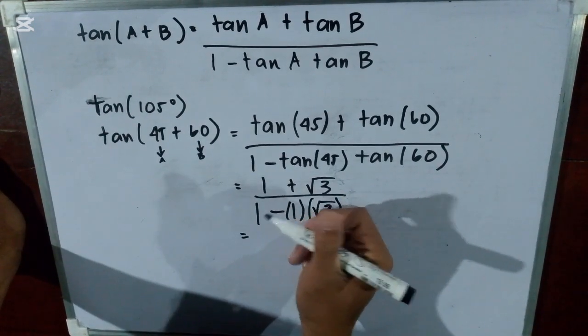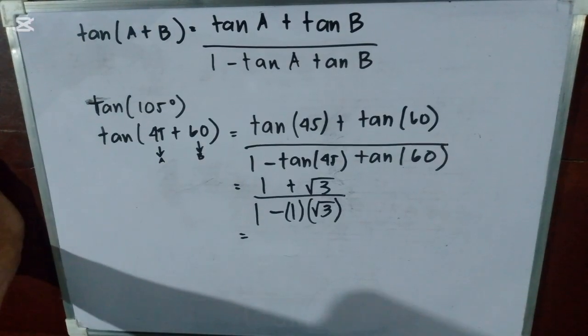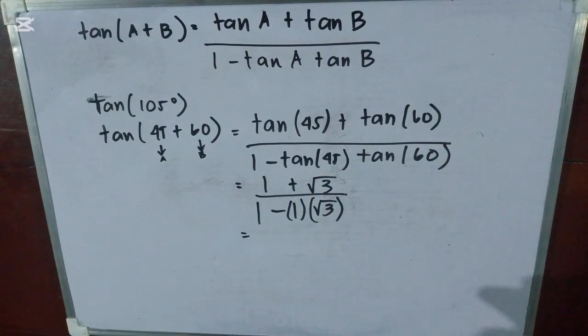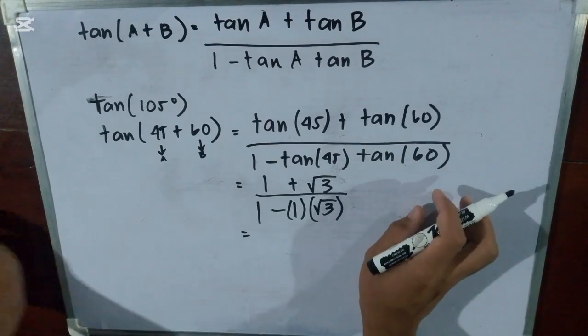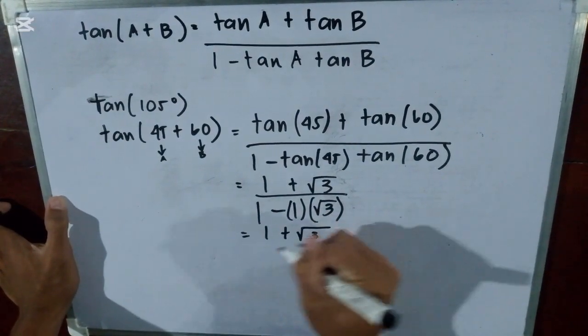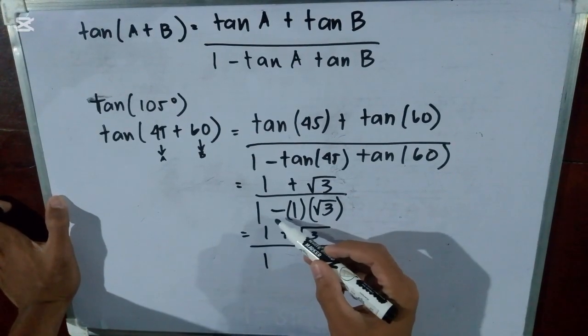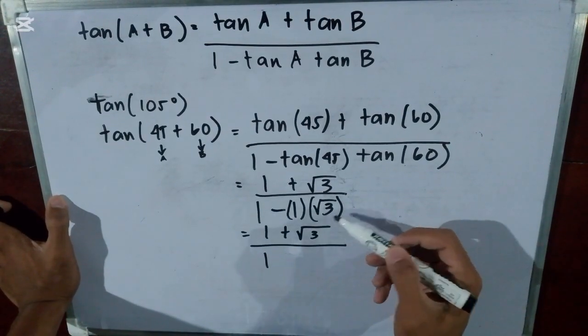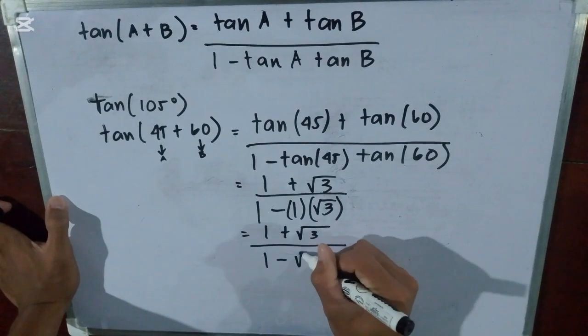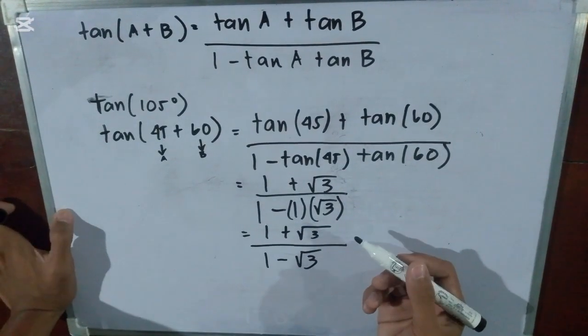And now let us multiply the denominator. 1 plus root 3 over 1, negative 1 times root 3 equals negative root 3. Now we don't have any complex fraction.